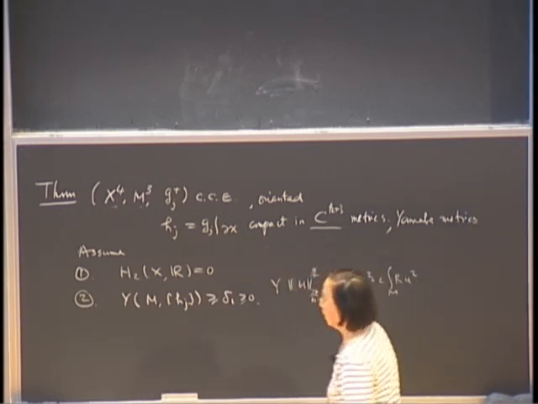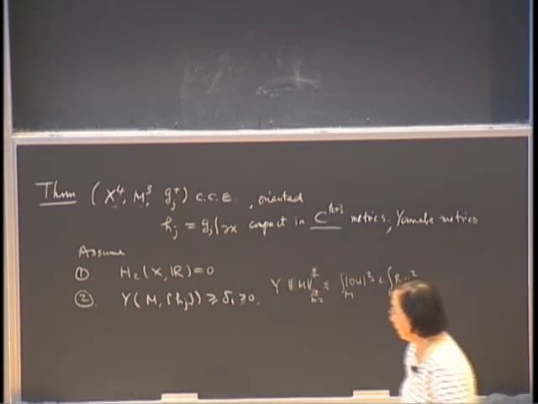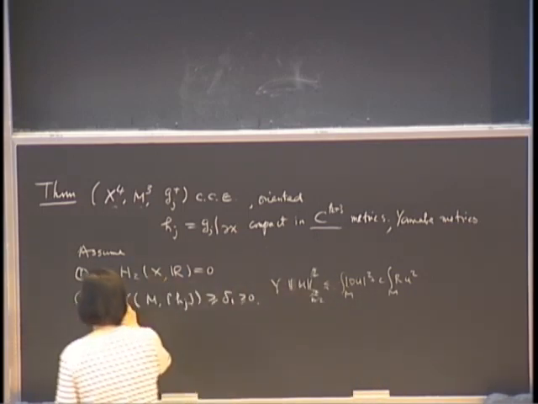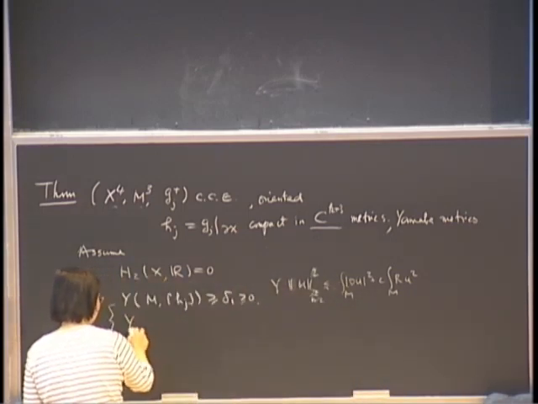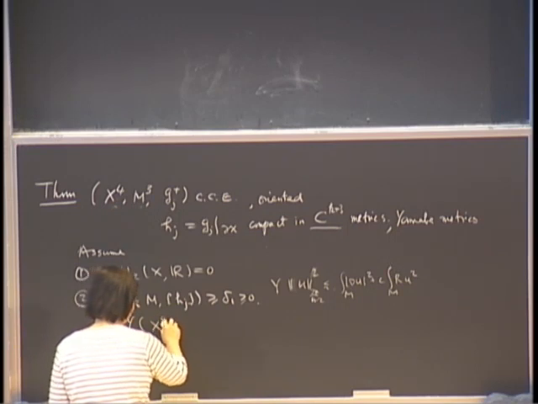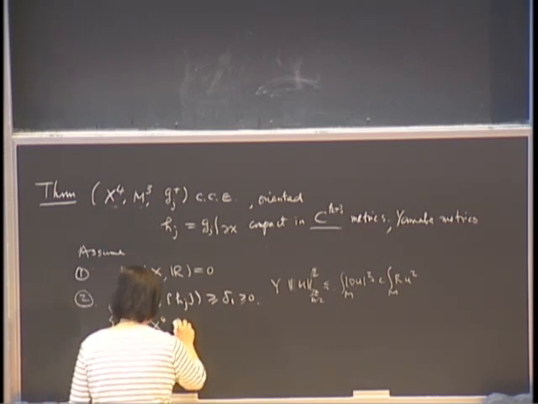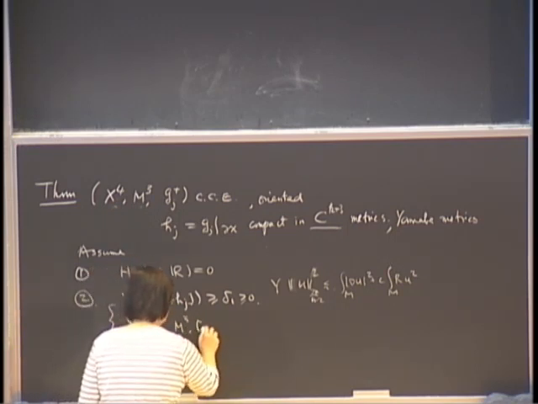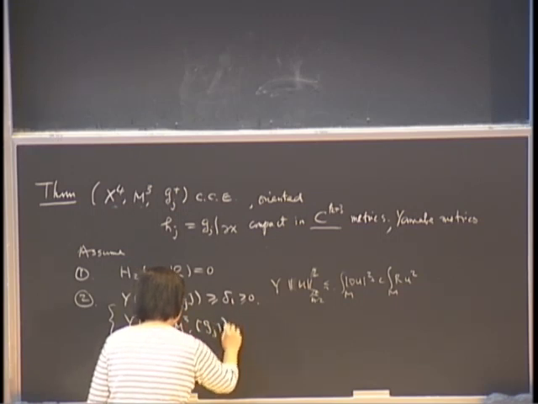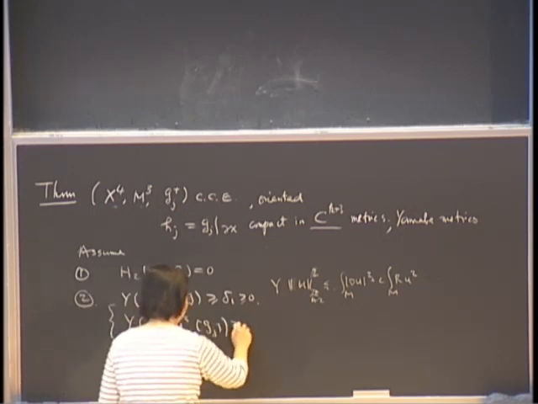And I assume it's a compact family. And then I also need to assume some other condition. One of the conditions I assume is that the Yamabe constant of this G_j metric on the interior is also positive.